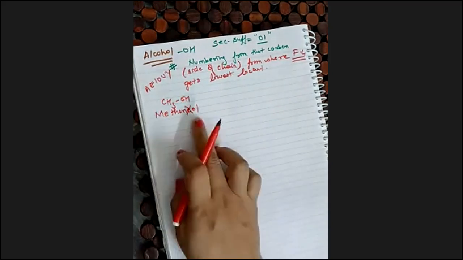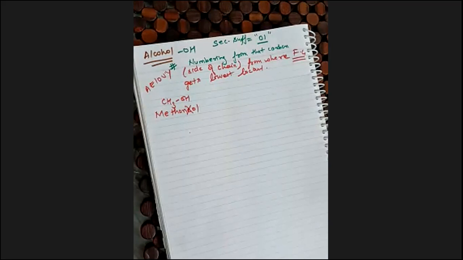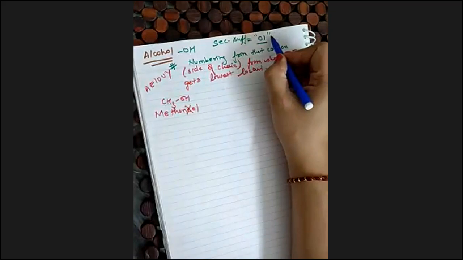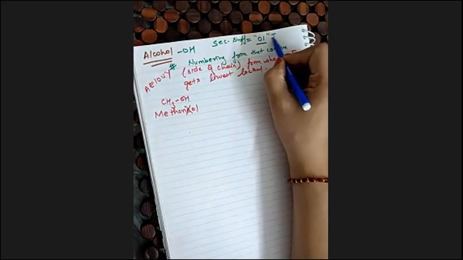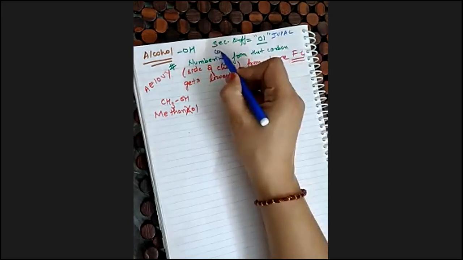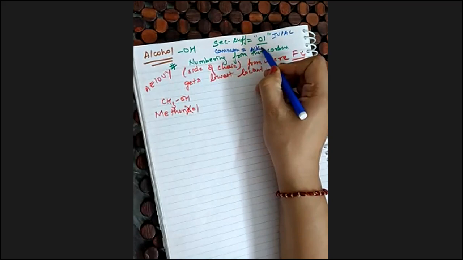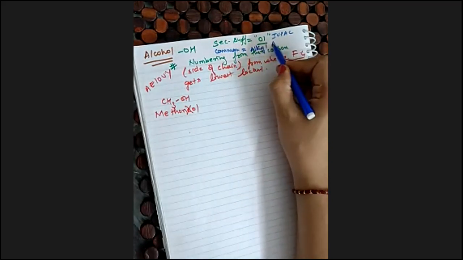So this is the IUPAC name, and with the IUPAC name you need to mention the common name also. For the IUPAC name we use ol, but for the common name we use alkyl alcohol.